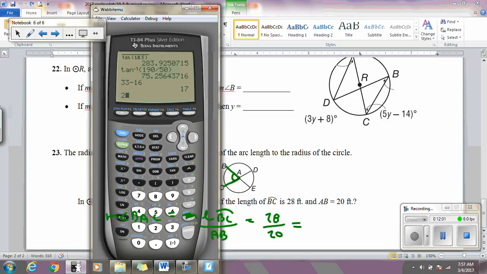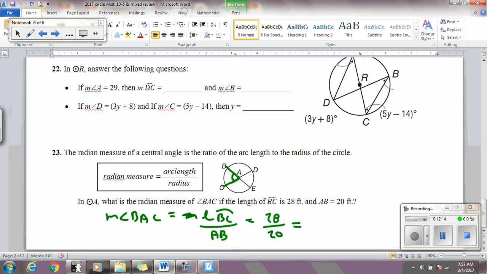So 28 divided by 20 is equal to 1.4. So we would say it is 1.4 radians.